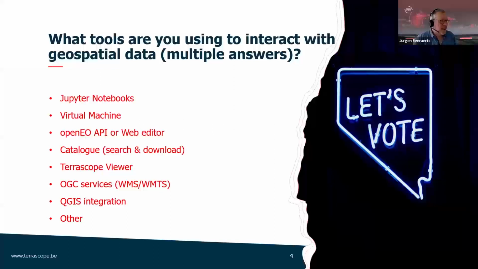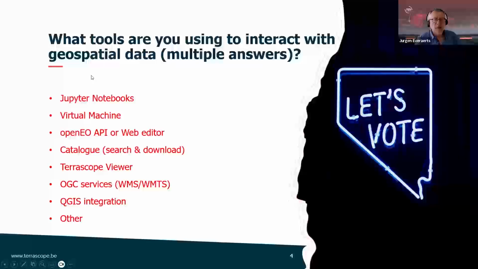Again, we see that cloud processing isn't exactly new to most of you, but openEO may need some more explanation, and that's what we're going to do. Catalog functions are being used. People integrate data with QGIS and other GIS packages, I guess. This is really interesting to see, and I hope that we can help you in discovering a bit more about some of these applications.